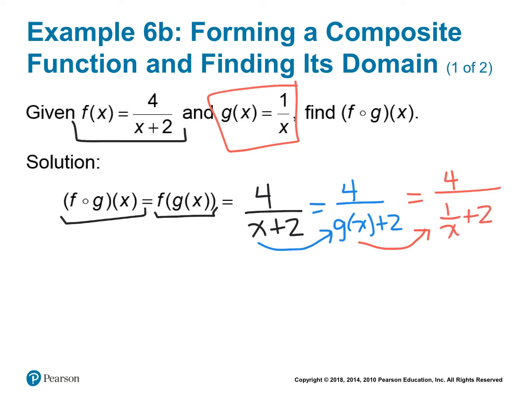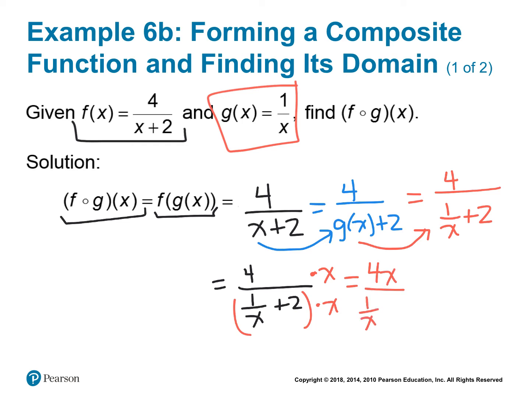Okay, so I have the same issue I had on the last one. I have a fraction within a fraction. So on the bottom, if I multiply everything by x, that's going to help. Multiply the top also. So I'd have 4x. Then I'd have 1 divided by x times x plus 2 times x.